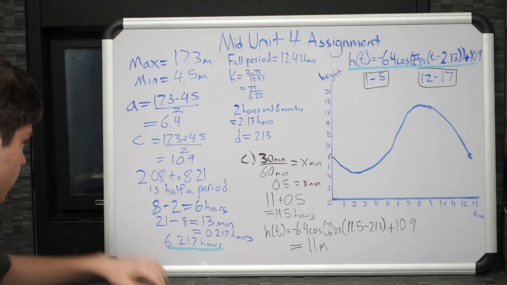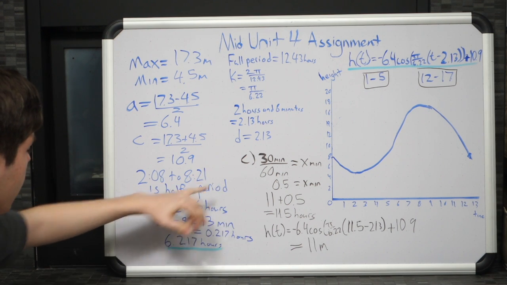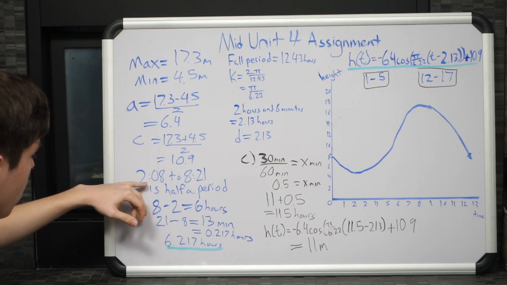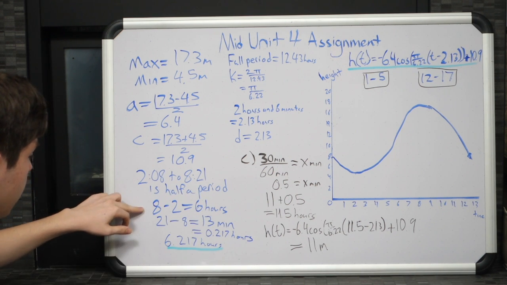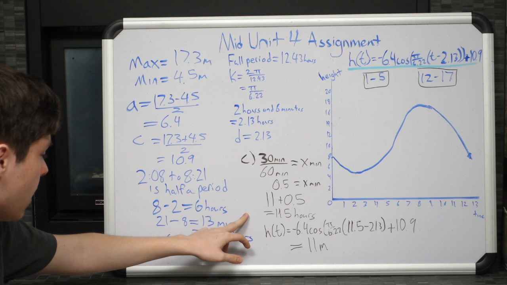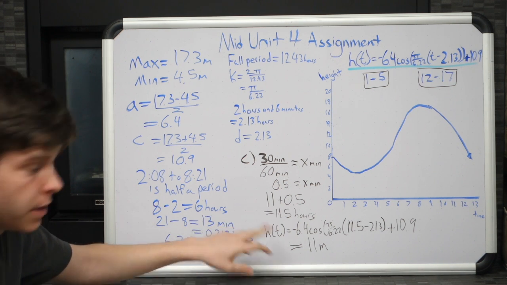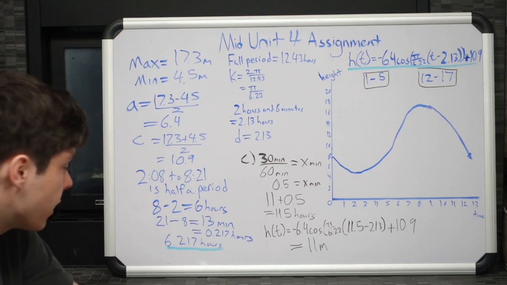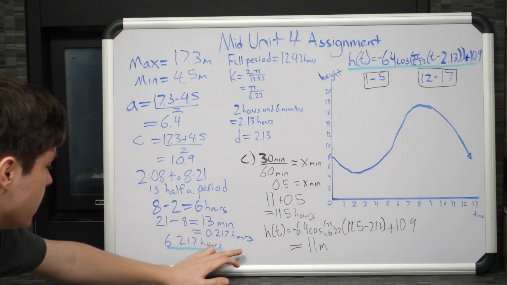And then the difference between the maximum and the minimum, which is 2:08 to 8:21, is half a period. So it's 8 minus 2, which equals 6 hours, and then 21 minus 8, which is 13 minutes. This is a problem because I needed it in hours, so I converted it to hours, and you get 0.217 hours.